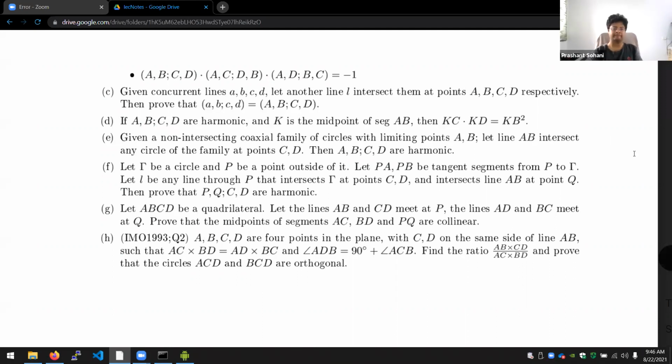Nobody. Yeah, it is a tricky question, I have to say. It is not very straightforward, but in a way, it seems very simple to state, right? It's just a quadrilateral, which is just four random lines, and their intersection points are being taken. So it seems a very straightforward diagram, but it's a very powerful idea.